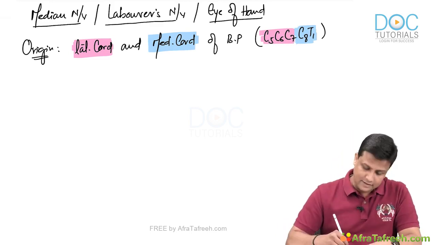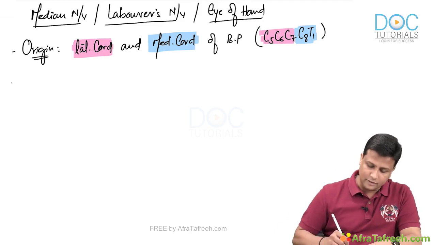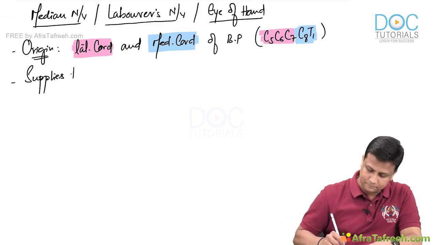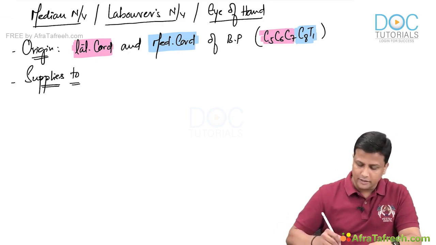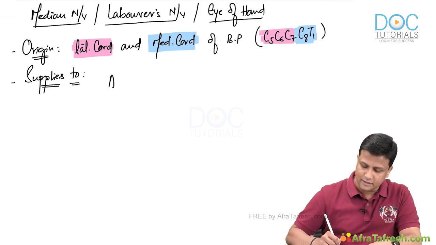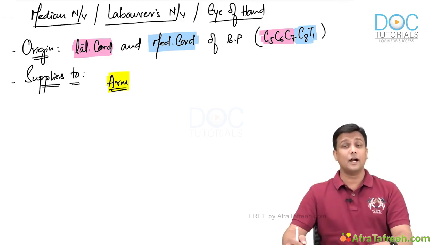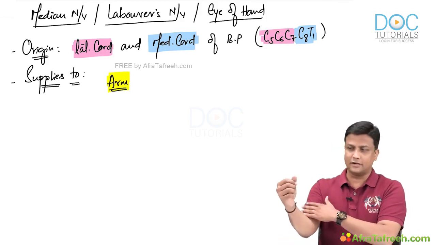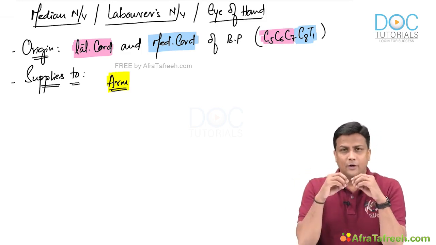Okay. Now, once this is clear, after origin, the next thing to write down here is supply. Let's see which muscles the median nerve will be supplying first of all. Let us do the same thing again, guys. Let us go in sequence. First, we'll see the arm, then the forearm, and then the hand. So first, the arm.